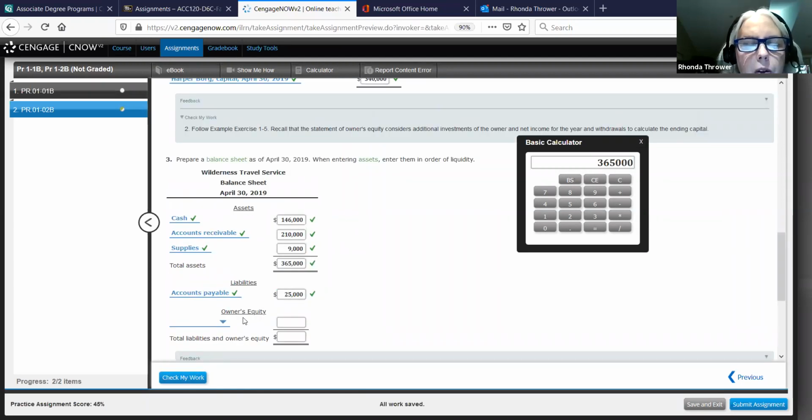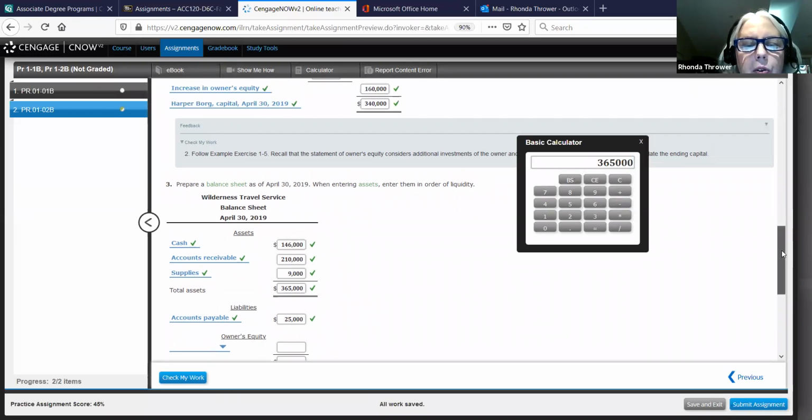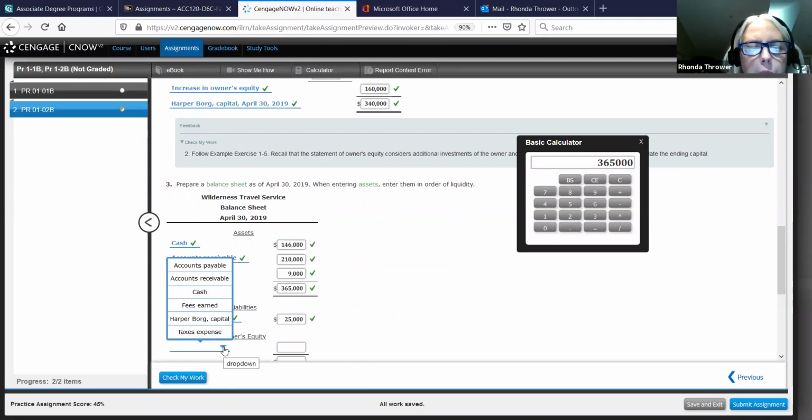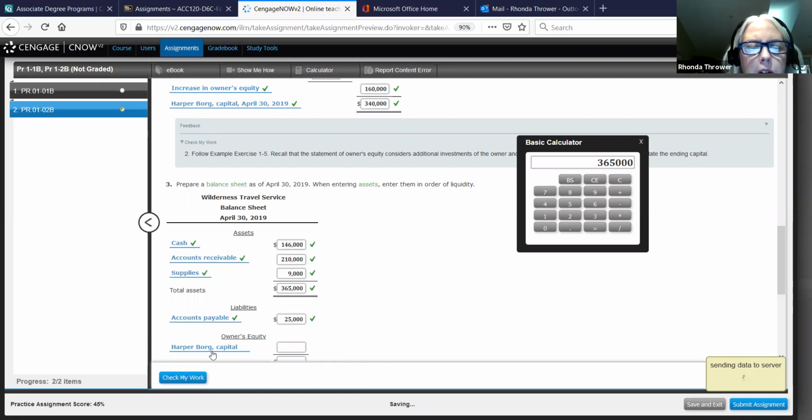For your owner's equity, they only want the ending owner's equity at April 30th, 2019. And that ending owner's equity comes from your statement of owner's equity. They want the capital account written here.